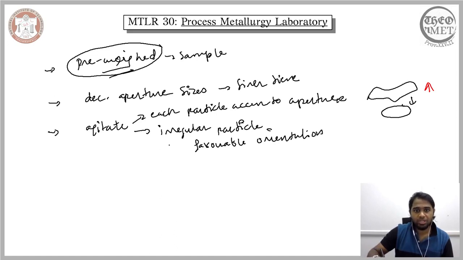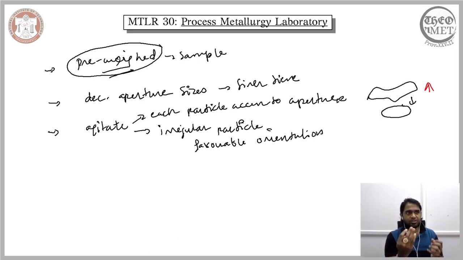So there are key purposes. One is to ensure that all the particles reach the aperture. Secondly, the favorable orientation that allows a particle to pass through the aperture is achieved. Thirdly, any blockage.